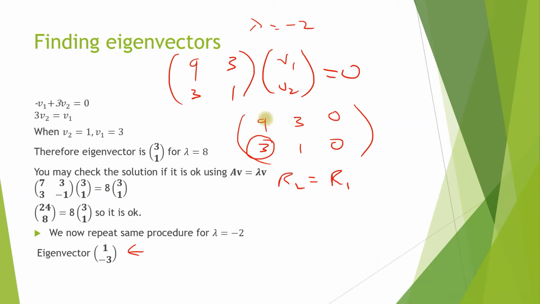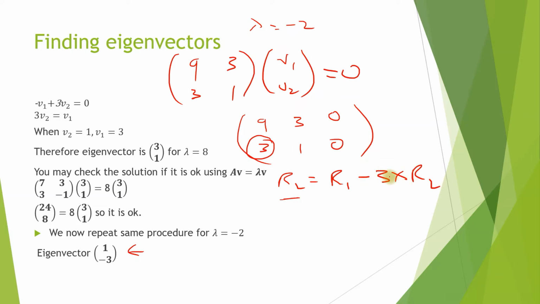Let's talk about only the first one. So it is 9 minus what? What do you have to do to get this to become 0? So the new row 2, that is this 3, will turn out to be 0. It's obtained by taking 9 minus 3 times the second row.